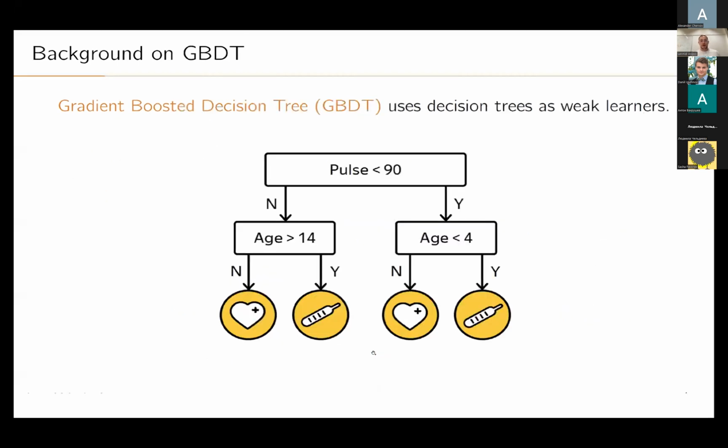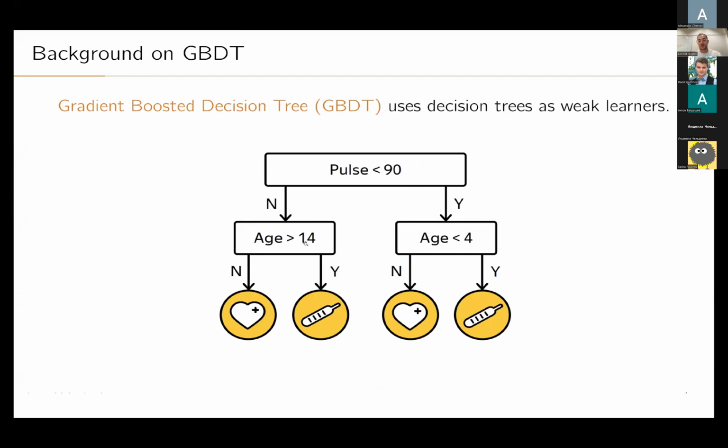All right, so this was the general idea of gradient boosting. GBDTs, so gradient boosted decision trees, are based on decision trees. As weak learners, we just consider simple decision trees. And again, I assume that everybody knows what decision trees are.